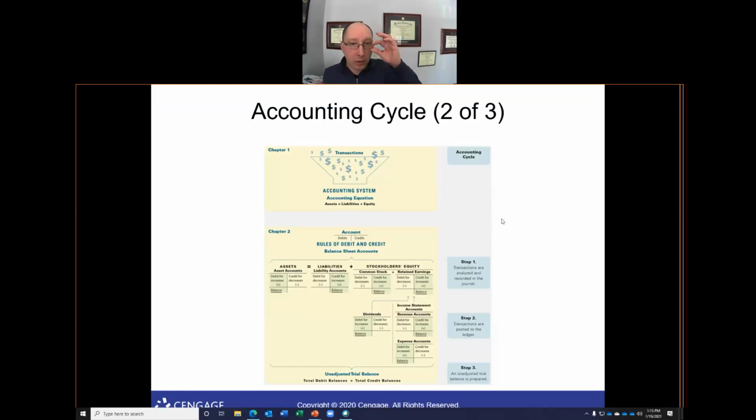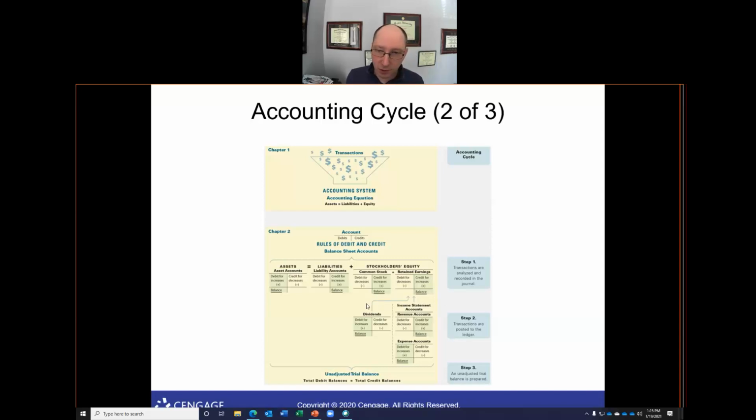Okay, so where are we? We went through Chapters 1, 2, and 3, and now 4. We went through the accounting cycle. In Chapter 1, we learned about transactions and the accounting equation. In Chapter 2, we learned about debits and credits and how they impact the balance sheet accounts.